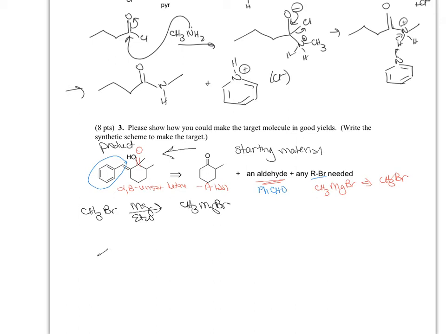I'm going to take my ketone. I'm going to treat it with LDA or hydroxide. I'll just do hydroxide because I'm going to need to do the elimination, the E2, later. That will react with my benzaldehyde.